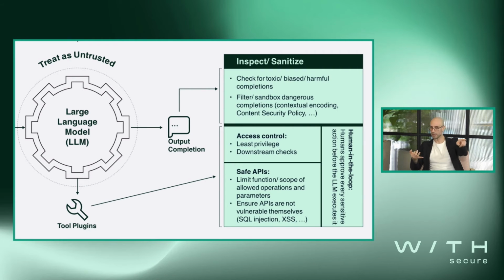We saw the markdown image that was used to steal stuff. Well, we could use a content security policy to say the images on my website can only come from this trusted domain. So even if the LLM produces an image from an attacker's domain, the browser is not going to go there. These are all the standard controls that people forget now because they think the LLM is somewhat different.